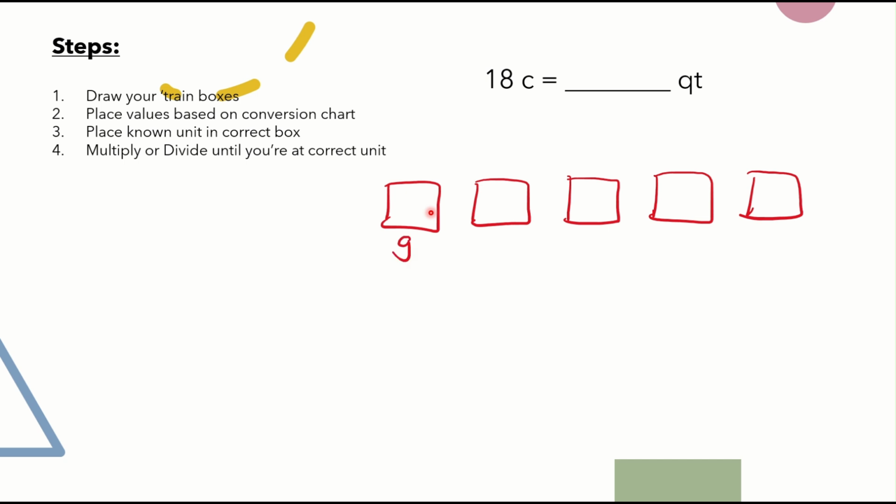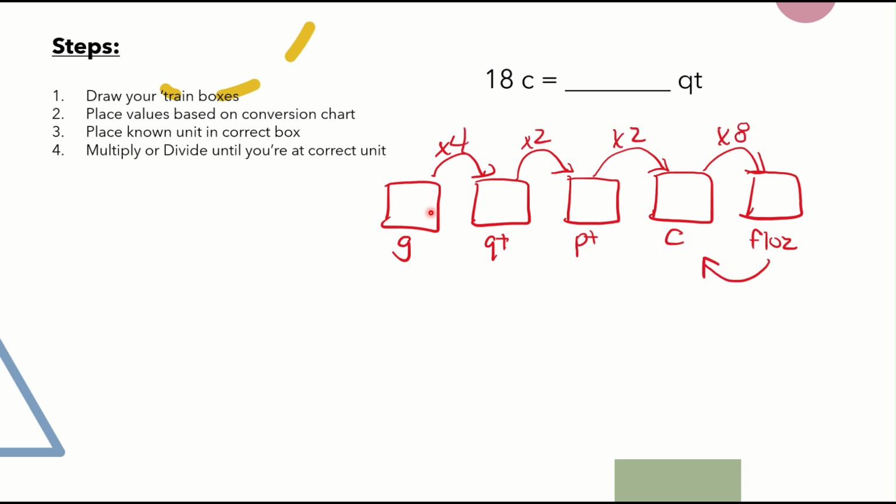We're talking about capacity, which is gallons, quarts, pints, cups, and fluid ounces, so I would need 5 boxes. Next, I will put in my multipliers or my dividers, and all this information comes from our formula chart.